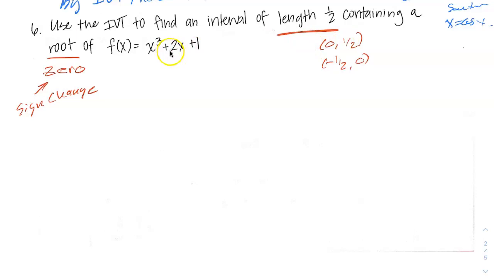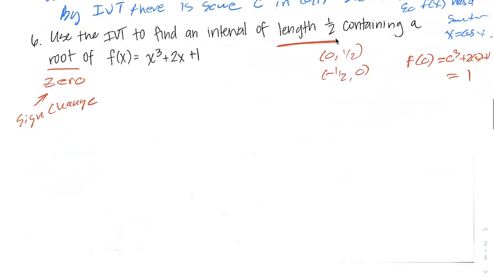That's what does it. So we've got to do a little side work. We've got to find the interval. So let's try these first. F of 0: 0 cubed plus 2 times 0 plus 1. That just gets me 1. That's a positive number, so I need a negative. If I plug in f of 1/2, it's all going to be positive, so that's not going to work. So what if I try -1/2?